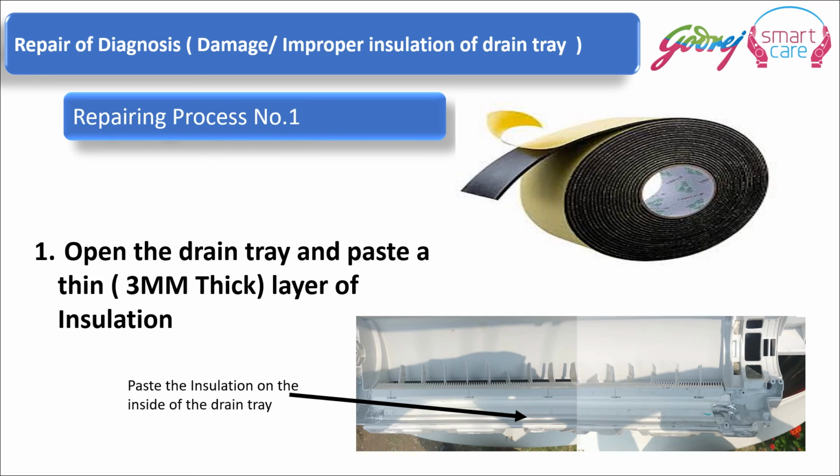The repair for this is to paste a 3 mm thick layer of insulation tape on that cracked insulation part, and then we can avoid the cooling of the external plastic parts of the air conditioner housing.